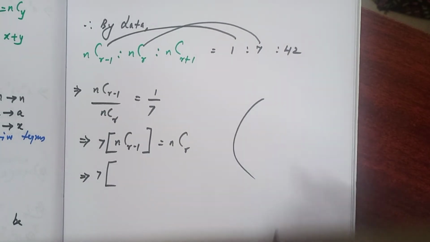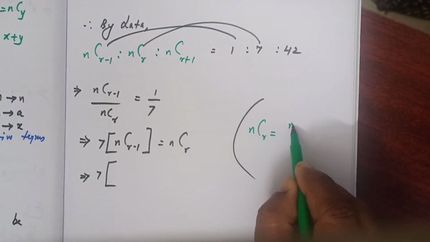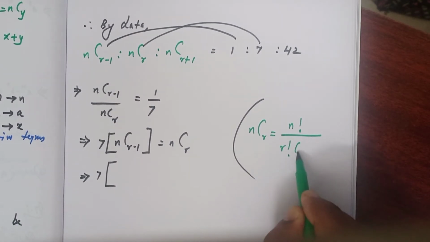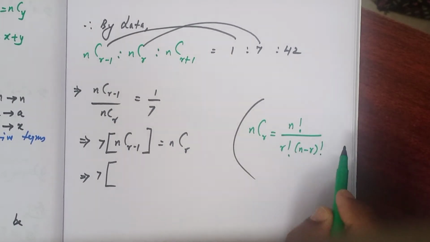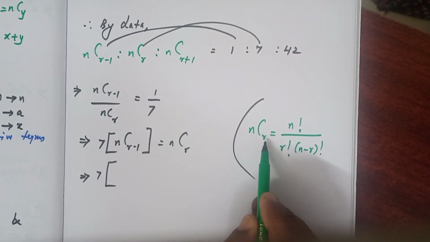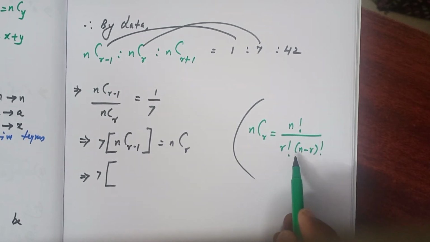The nCr formula I write here: nCr is equal to n factorial divided by r factorial into (n-r) factorial. For your understanding, let it be prefix and suffix: prefix factorial divided by suffix factorial into (prefix-suffix) factorial.